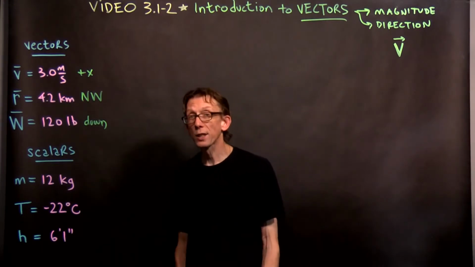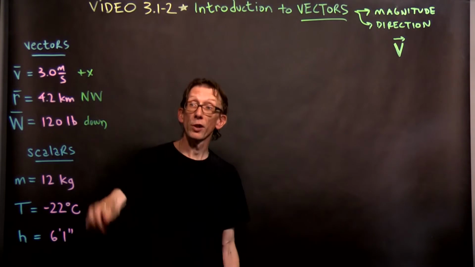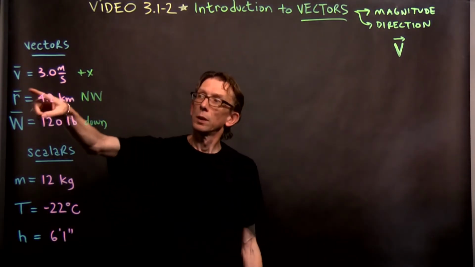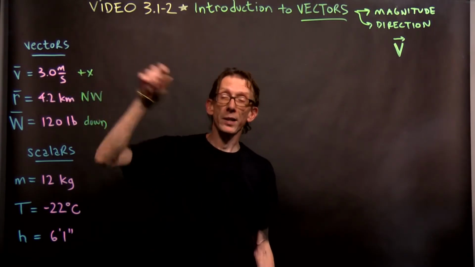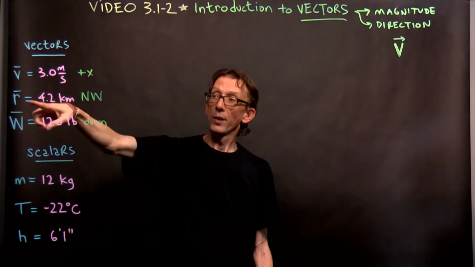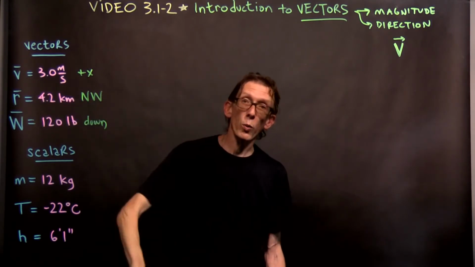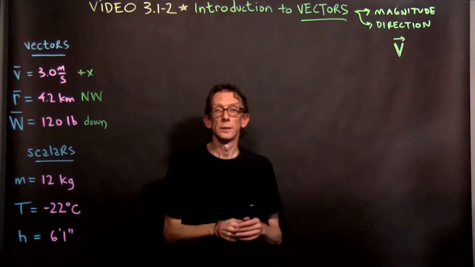But each one of these quantities not only has a magnitude but a direction. The direction is in green here. For example, the velocity is 3.0 meters per second in the positive x direction. The displacement is 4.2 kilometers to the northwest. A displacement is when you go from one point to another.